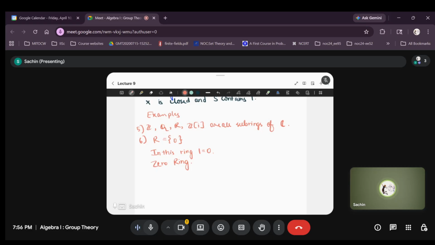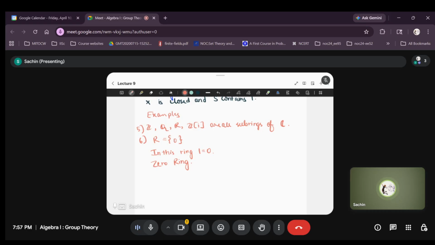No problem with that, right? There's just one element. So 0 plus 0 is just 0, and 0 times 0 is 0. And the definition for multiplicative and additive identity is satisfied if there is only 0 in it. So everything is satisfied.